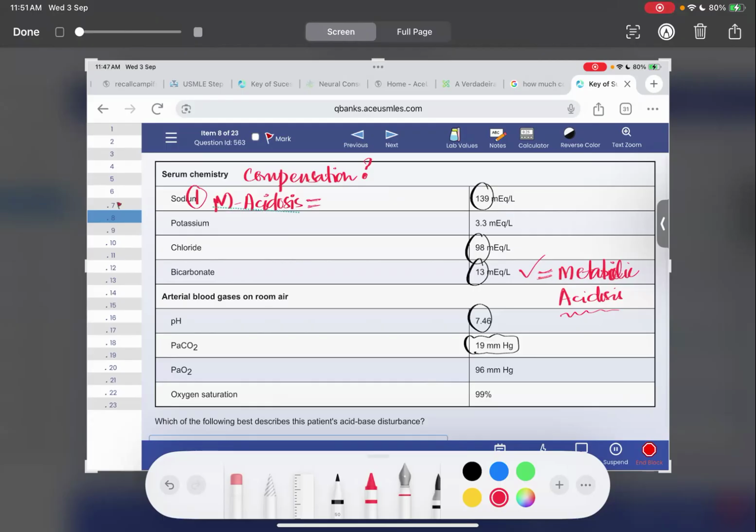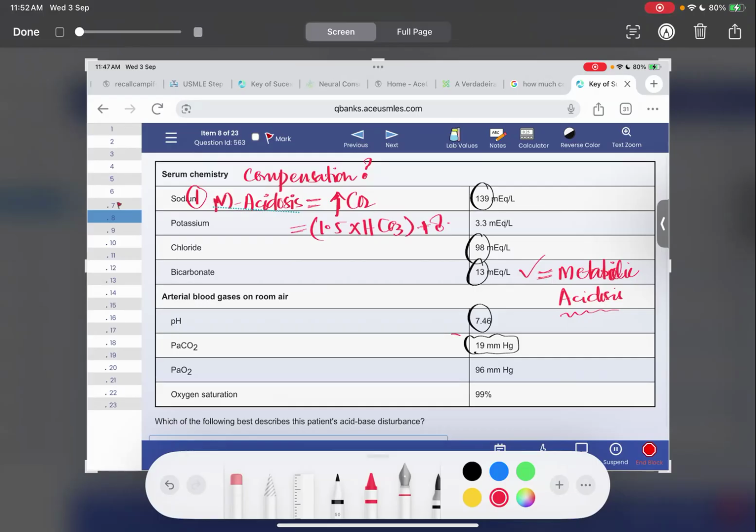So how will it happen? Hyperventilation, decrease in carbon dioxide. The formula is 1.5 times bicarbonate plus 8.